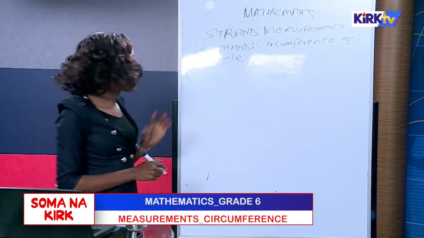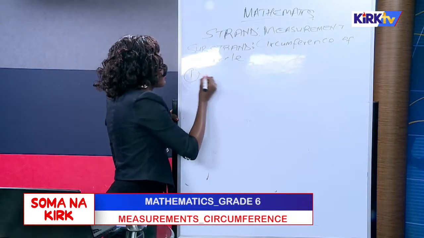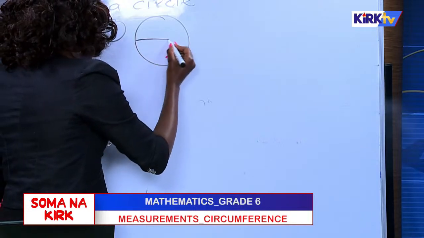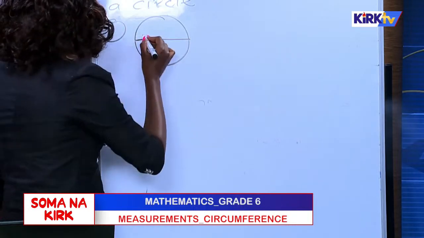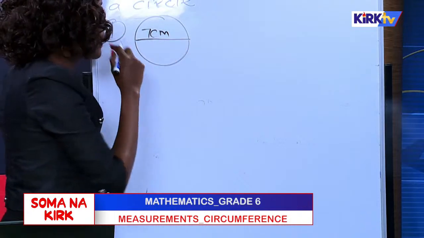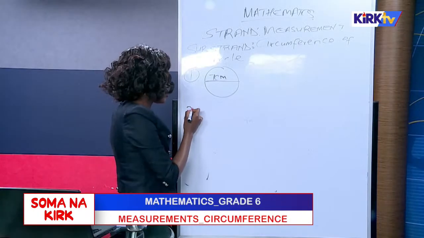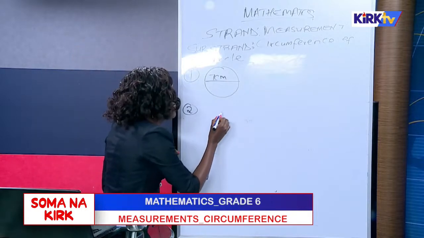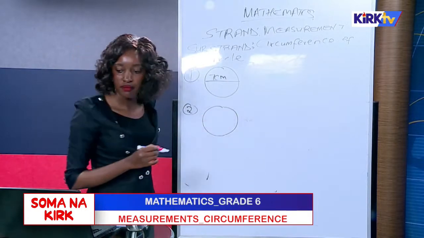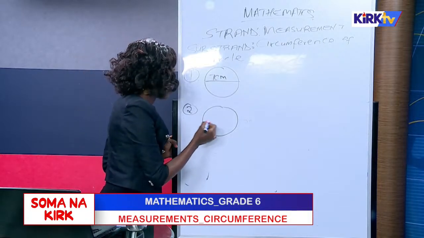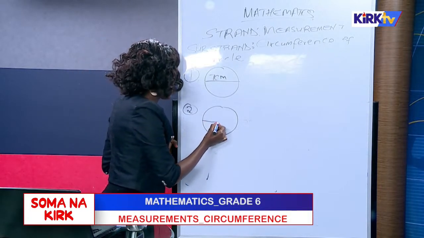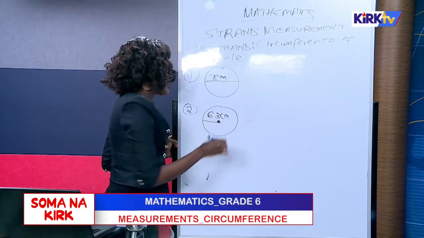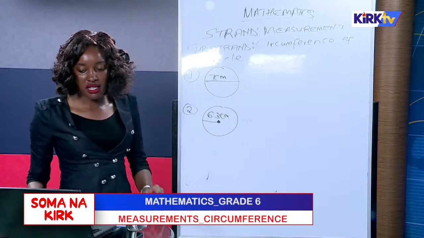So our first sum here, we have a circle, and its diameter is 7 centimeters. Then we have number 2, a radius of 63 centimeters.